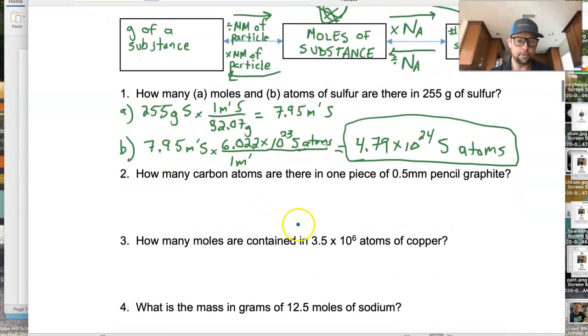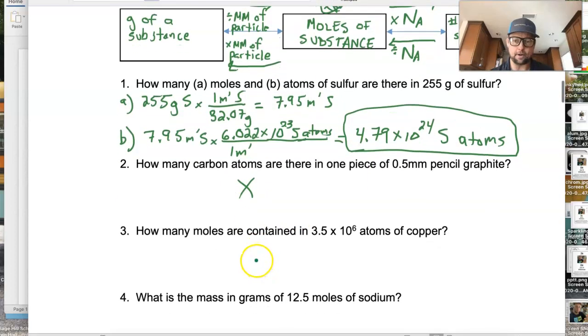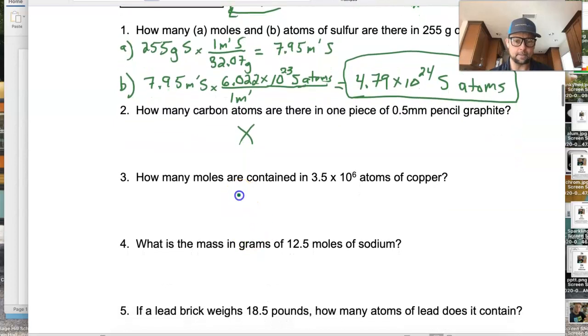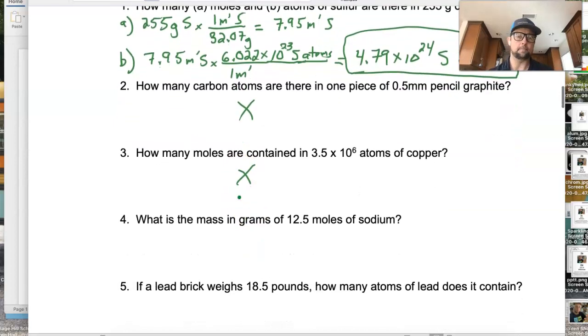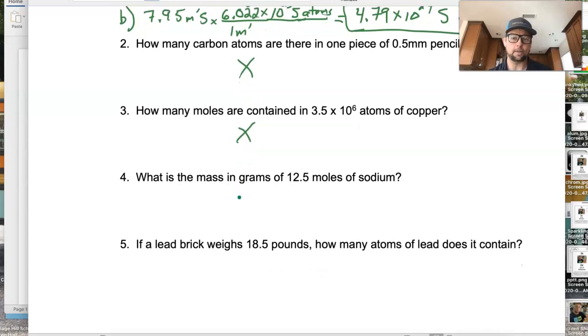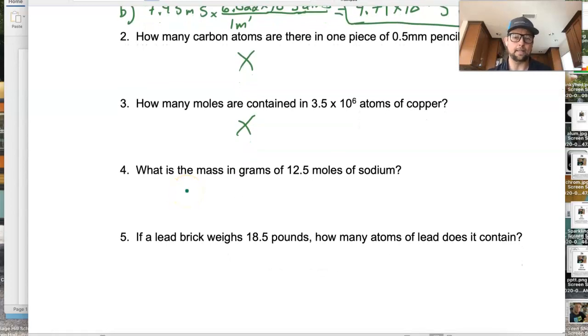We're going to skip 2 and 3 because we don't have our graphite pencil in front of us. You have plenty of these examples on your homework. But I do want to do number 4 and number 5, because number 5 especially is multiple steps.